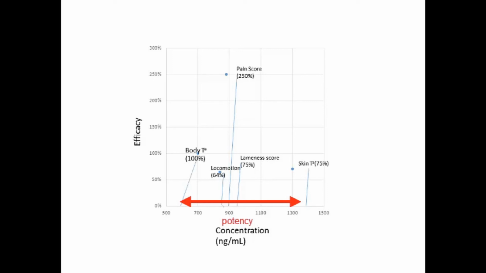Obviously, that's why they needed to collect blood samples from the cats at any time, at the same time they were doing all the clinical measurements. And the final pharmacodynamic parameter was sensitivity, and that's basically the slope of those curves, and that basically tells you what range of concentrations they were getting an effect for any particular endpoint.